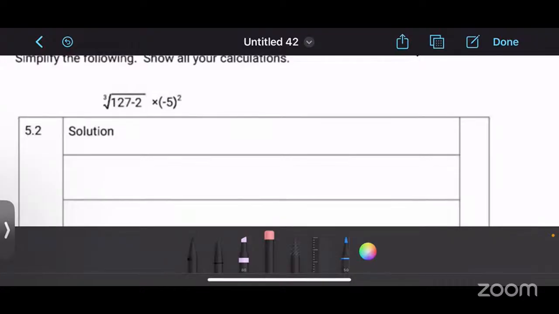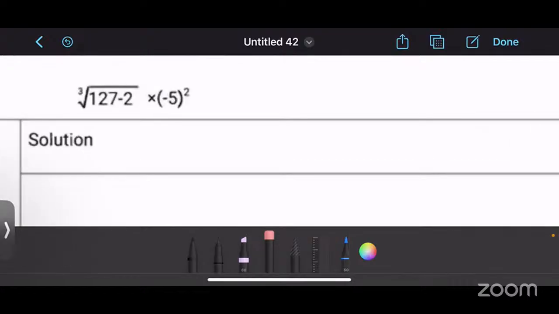We are going to say 127 minus 2, which will give us 125, and then we're going to find the cube root of 125, and then we're going to solve the bracket.